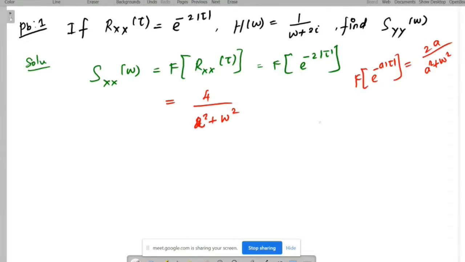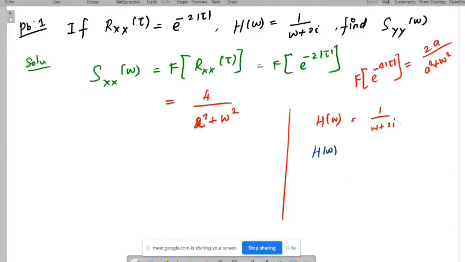Again, in this problem, it is given that H of omega is 1 by omega plus 2i. But in the formula, we are going to apply modulus H of omega. So for that, now I am going to find modulus H of omega, that means I am going to write modulus H of omega whole square.